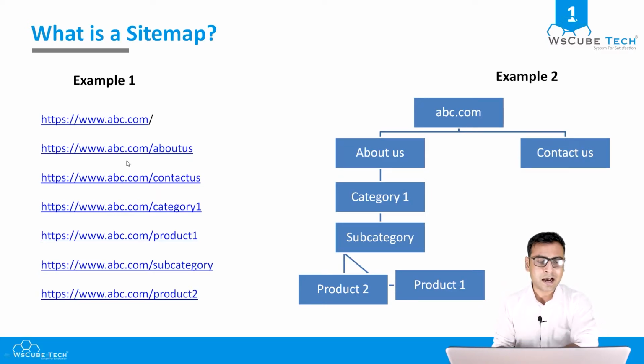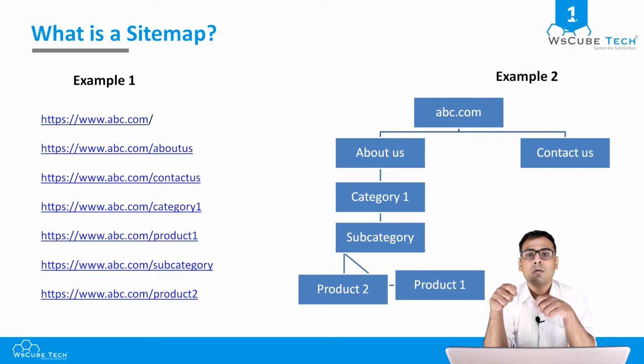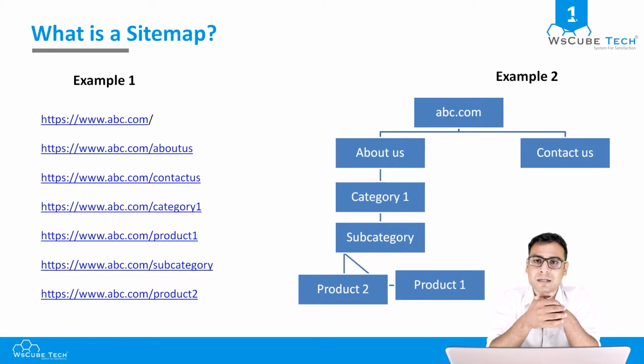So in this scenario, when I am showing you example one, the crawler will come to our home page, for example abc.com. Then the crawler will go to the about us page, then the contact us page, it can go to the category page, it can go to product one, and after product one, it will go to the subcategory page. So there is no predefined structure for the way the crawler is going to crawl our website. This is a big problem.